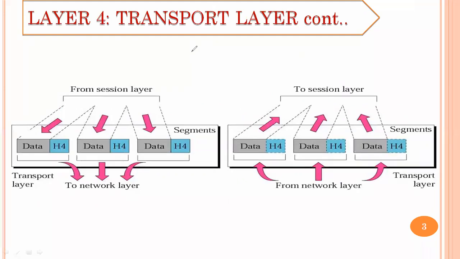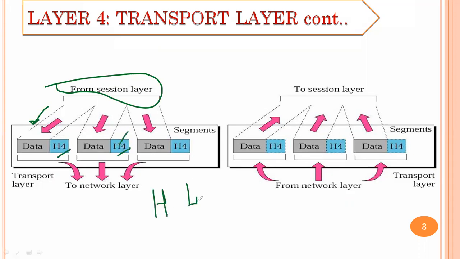Okay, so data is transmitted from the session layer to the transport layer, and here H4 is implemented. H4 means header 4, the header of layer 4. H means header and 4 means layer.